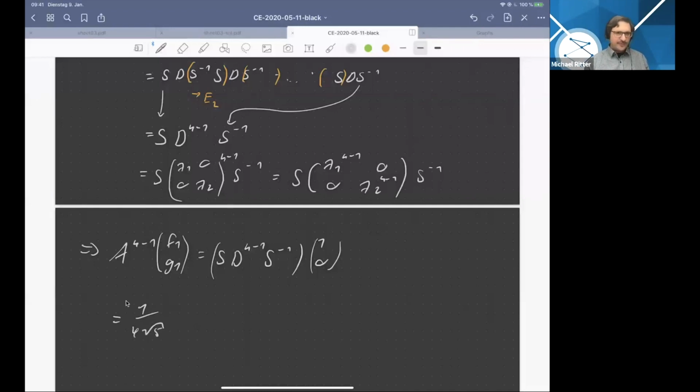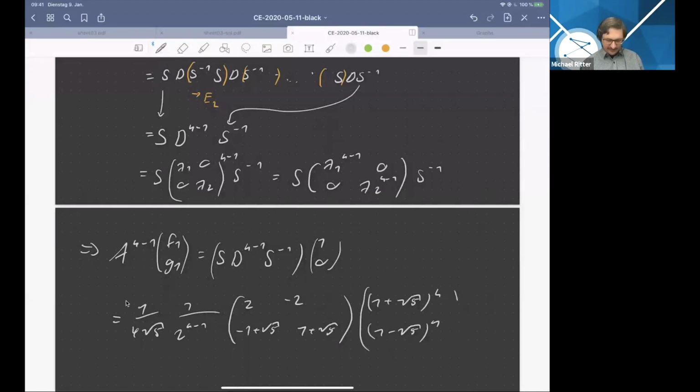1 over 4 square root of 5, 1 over 2 to the n minus 1. And I left one matrix in here, with entries minus 2, minus 1 plus square root of 5, 1 plus square root of 5, and then multiplying this with 1 plus square root of 5 to the n, and 1 minus square root of 5 to the n, with that vector here.